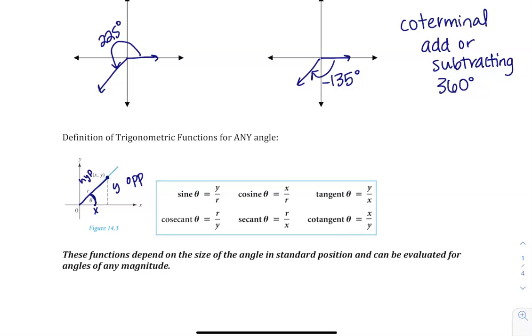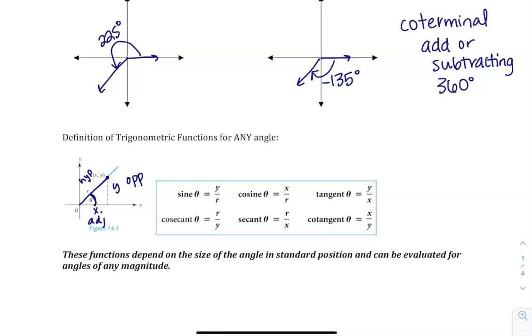We just don't have the same type of right triangle that we had in chapter 13. Now, cosine would be adjacent over hypotenuse, and that x direction would be that adjacent side. And then tangent, opposite over adjacent, you see y over x, and then the reciprocal functions, you see that we're just flipping over.